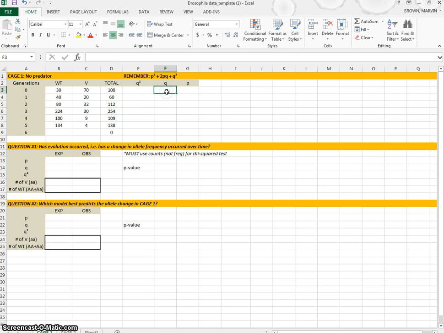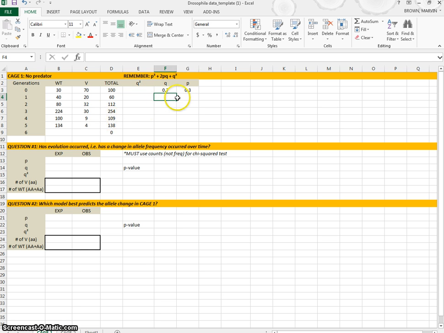So we go over here to Q, and if you remember, think back, Q is going to represent our recessive genes, and P our dominant. So how do we do this? Well, remember in the beginning we did 30/70, which is a simple little 0.7 for the Q and 0.3 for the wild type.